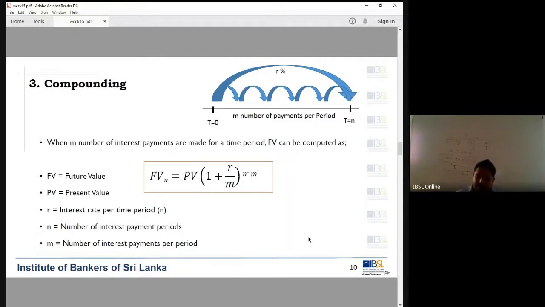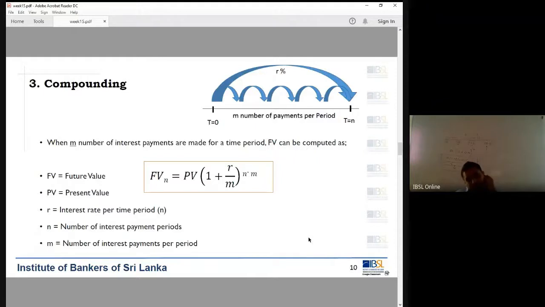So N, 2N, 3N, 4N is going to be the timing of your next interval. Let's say N is 1 year. That means T from 0 to T equals N is going to be 1 year. T from 0 to T equals 2N is going to be 2 years.